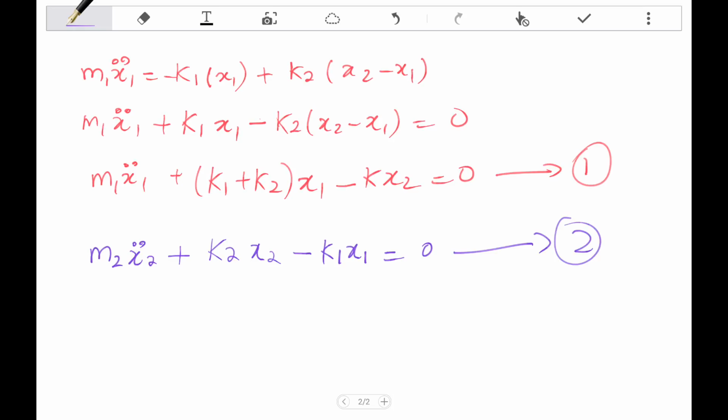So now what we're going to do is solve these two equations. And the way to do that is very simple. All we're going to do is assume the harmonic solution.